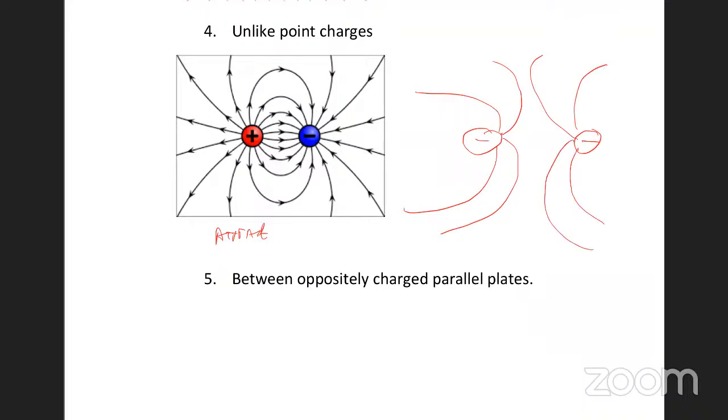Right, but the direction is important. Electric fields always go towards the negative. Right? You should always highlight this. There's a little region in the middle called the neutral region. Right? This region here is called your neutral region.